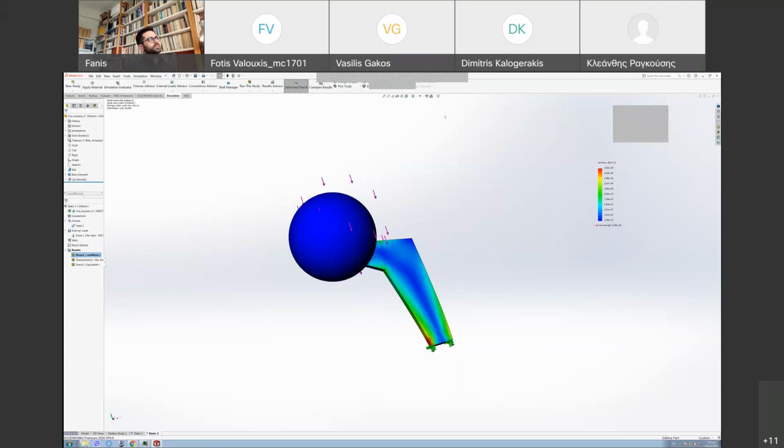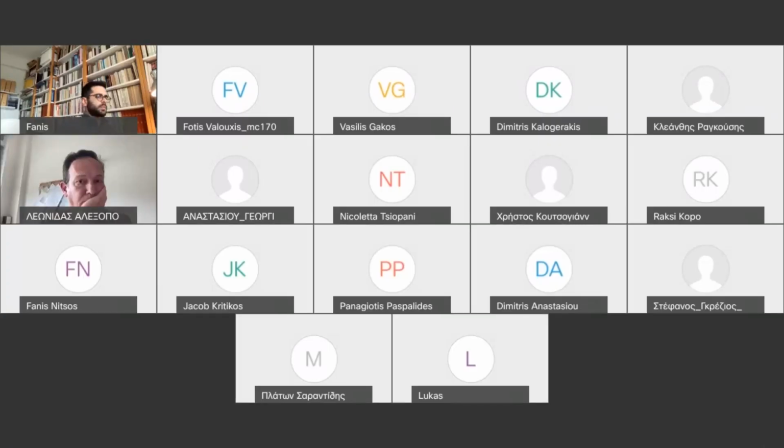What we saw now with SolidWorks is going to be your homework for next time. I'm just going to stop sharing for now, guys, and open the laptop again.